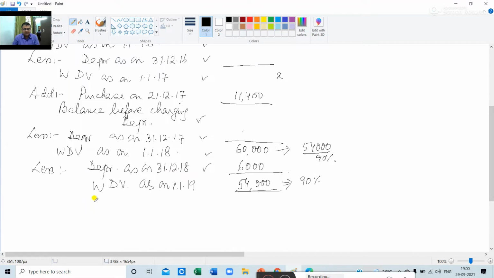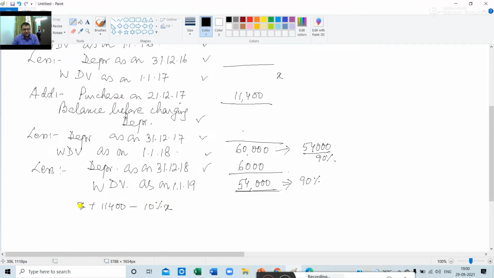The balance on 1st January 2017, I have taken as X. Then there was addition of 11,400 to the plant and machinery account. Then we have charged depreciation at 10% on the opening balance, that is the balance as on 1st January 2017.